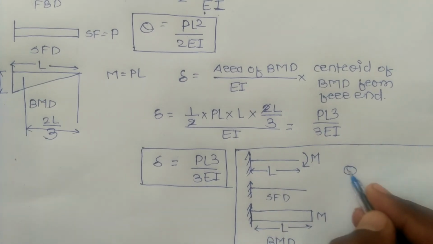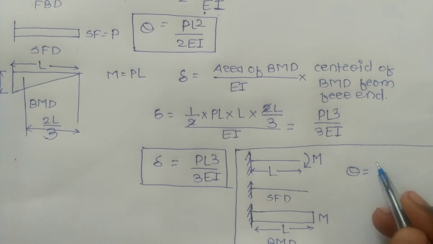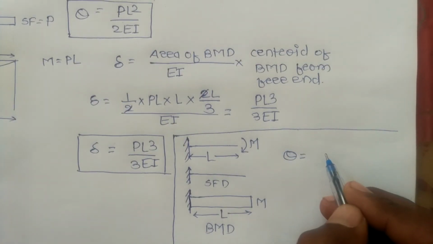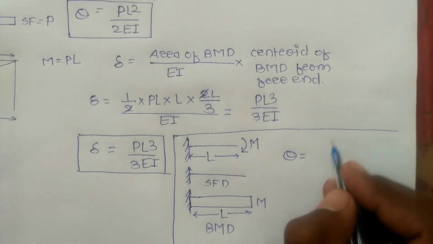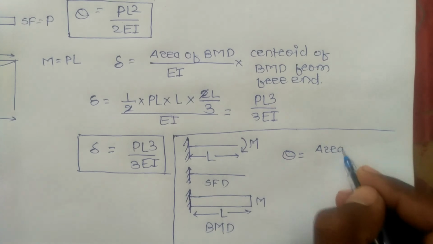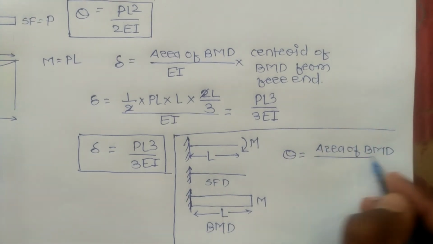Now we calculate the slope for this case. The slope is the area of the bending moment diagram divided by EI.